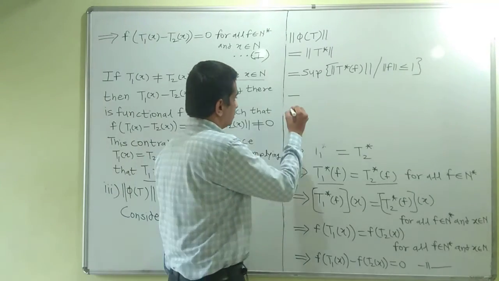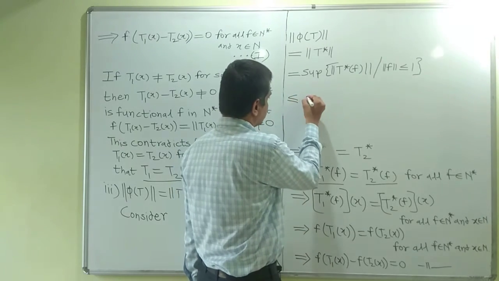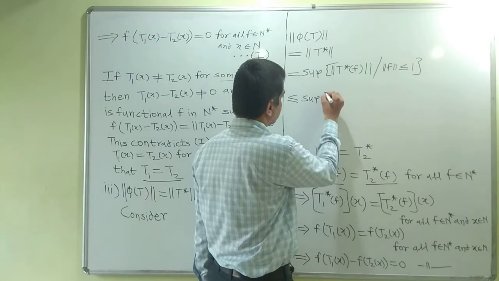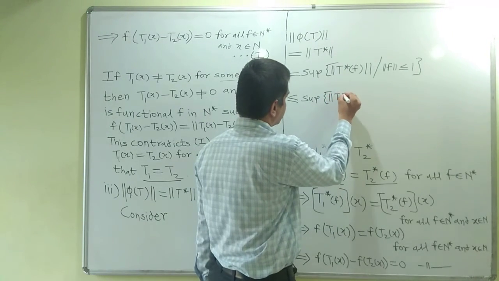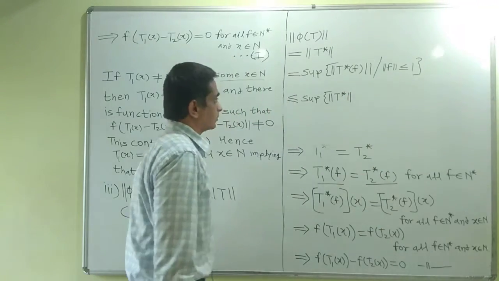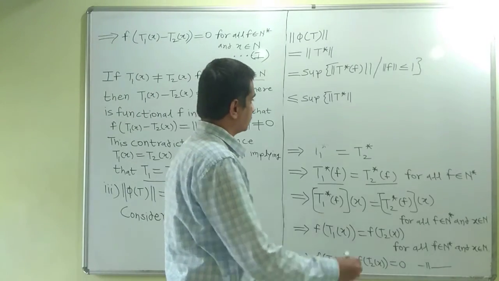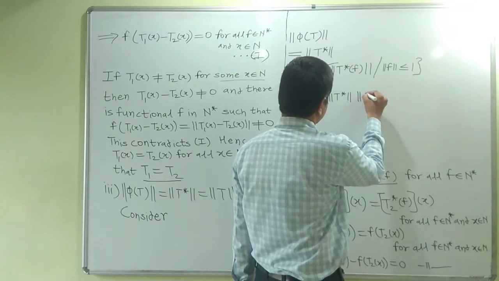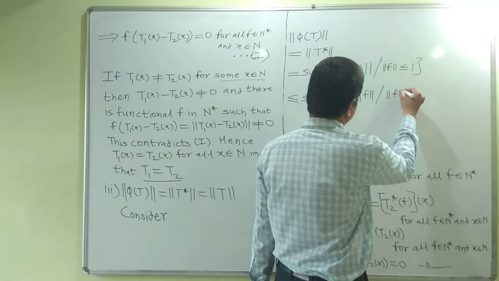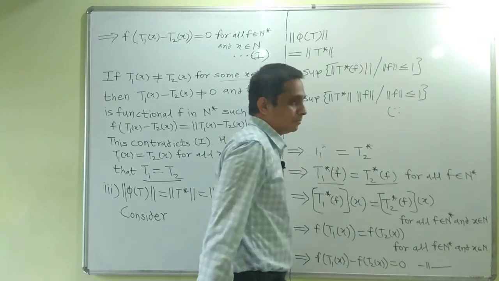This is less than or equal to the supremum of norm of T star into norm of f, where norm of f is less than or equal to 1. The reason is quite simple.